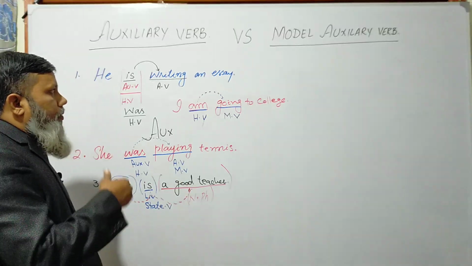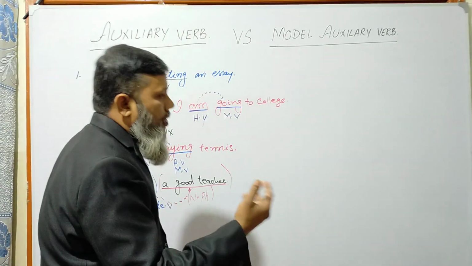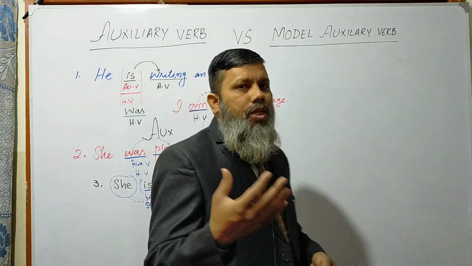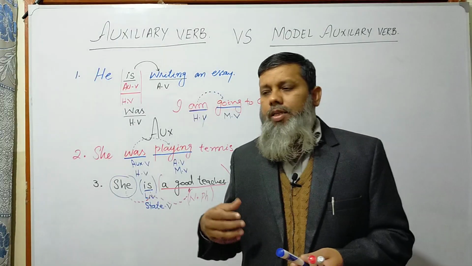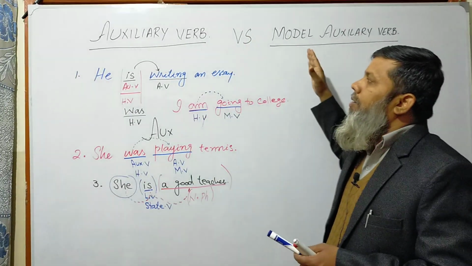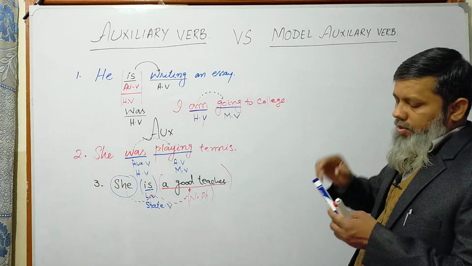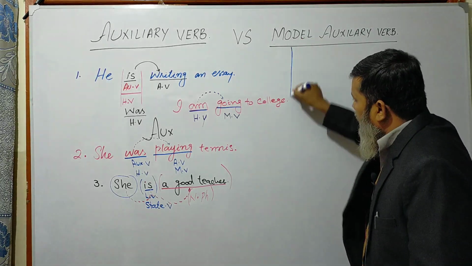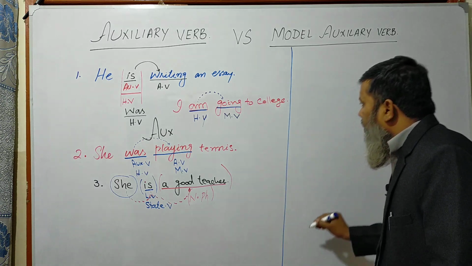Now come to the topic of modal auxiliary verbs. What are modal auxiliary verbs and what is the difference between an auxiliary verb and a modal auxiliary verb? Look here and try to understand.